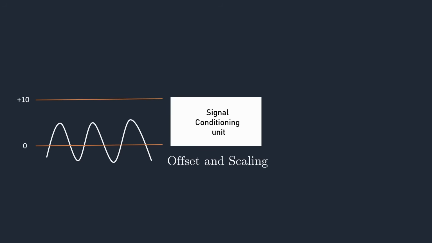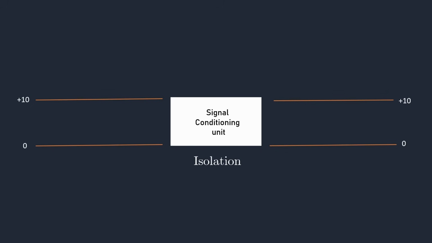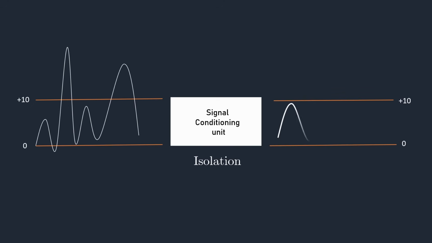It adjusts the baseline, zero correction, and sets the full scale range, so the signal fits into a standard output range like 0 to 10 volts or 4 to 20 milliamperes. And last but not least is isolation. It protects the control system like a PLC from high voltage, spikes, or ground loops coming from the sensor side.